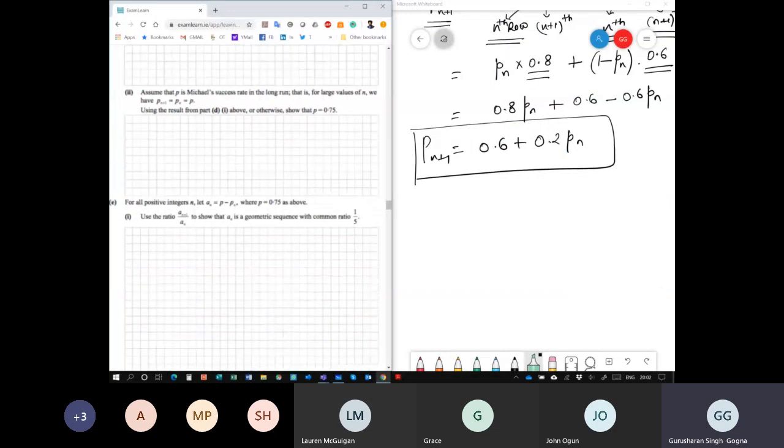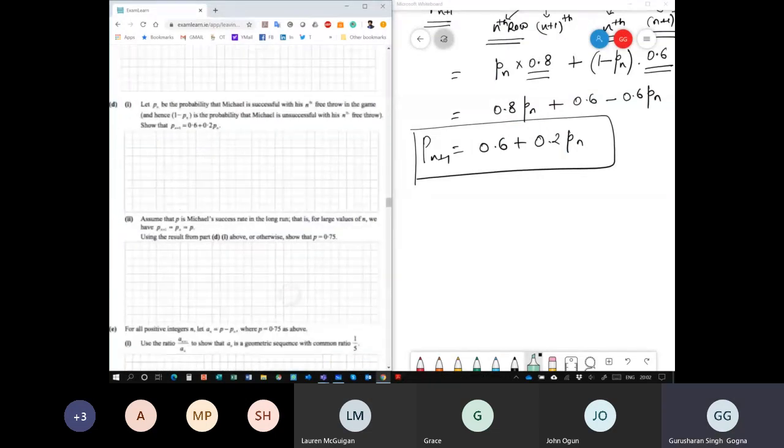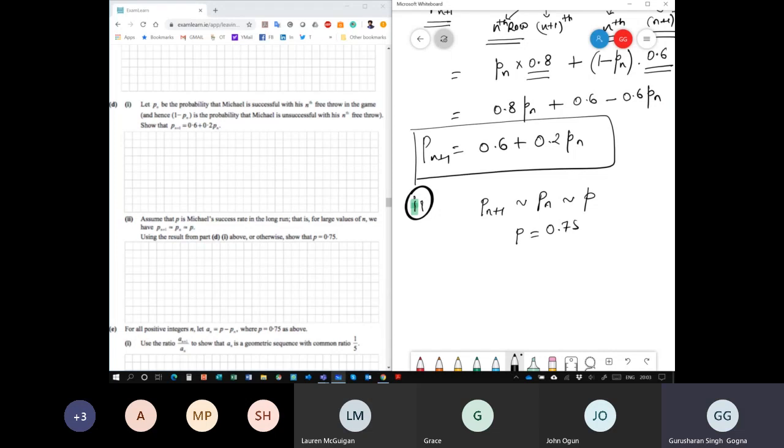Okay, so the next part is the second part. Assume P is Michael's success rate in the long run, that is for large values of n, and we have Pn plus 1 is nearly equal to Pn is nearly equal to P. Using the result from part D, you need to prove that P is equal to 0.75.